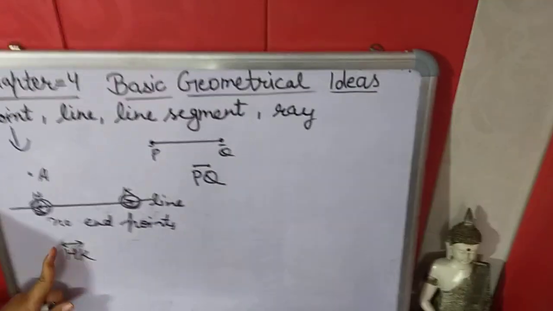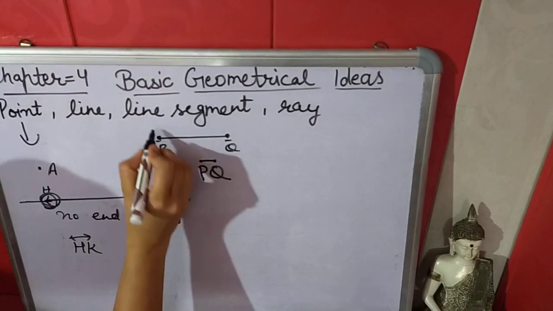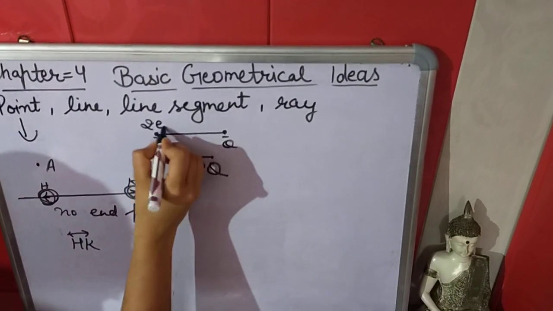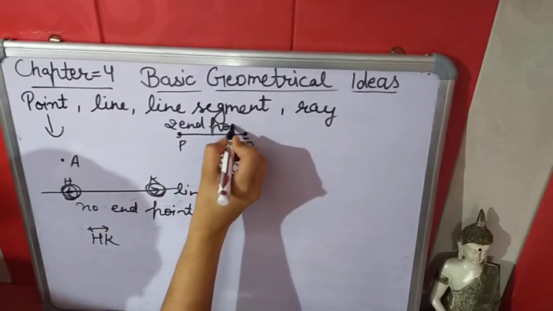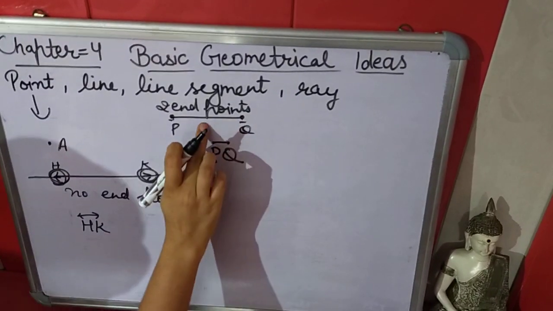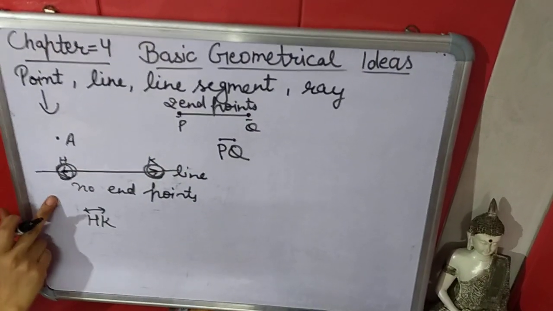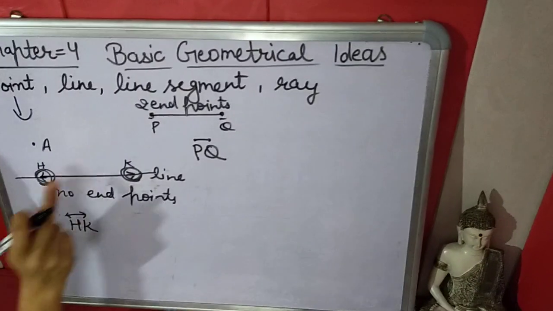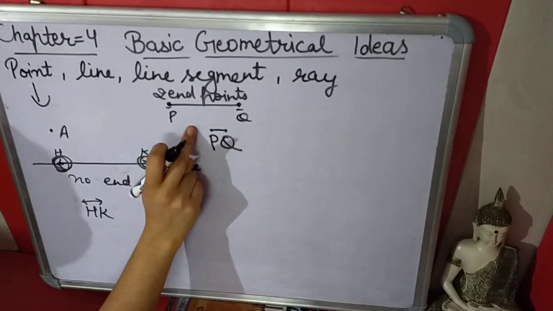So this is a line, this is a line segment. Line segment has two endpoints. It has definite length, but in a line there is no definite length.